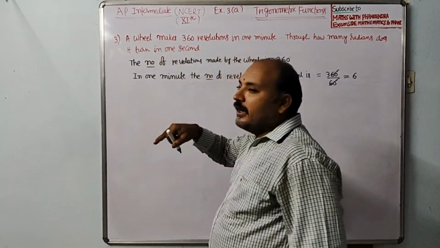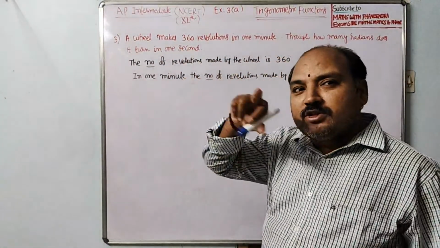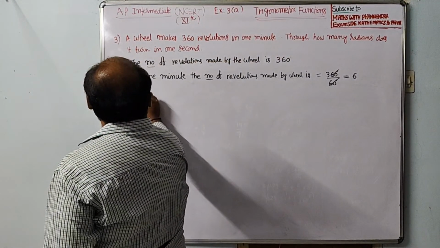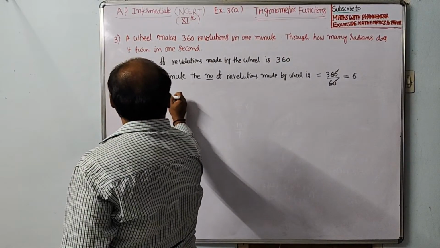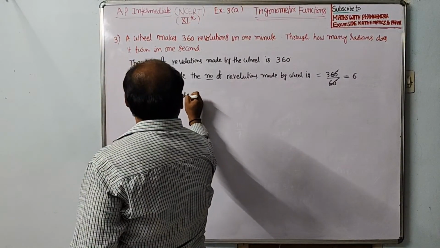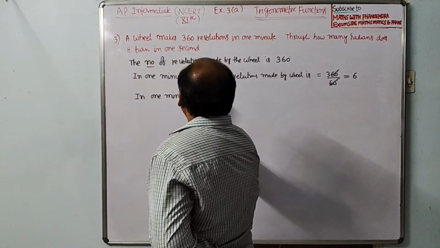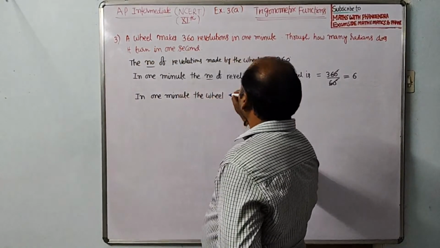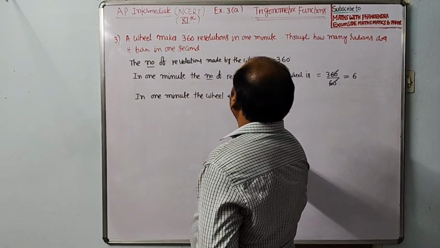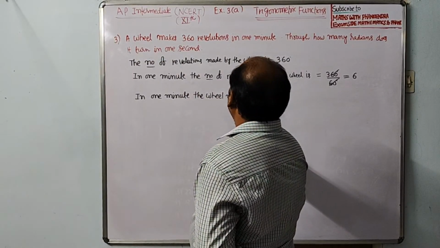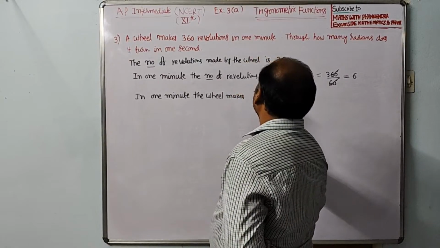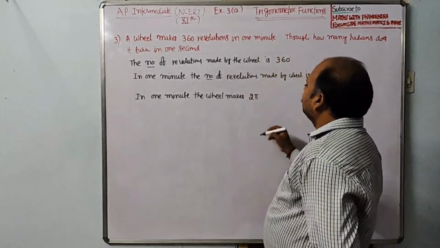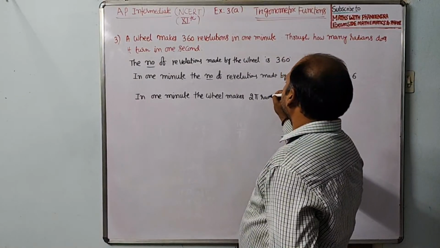But the wheel, one revolution means how many radians? In 1 revolution, the wheel makes 2 pi radians.